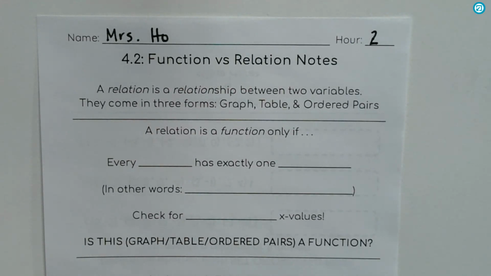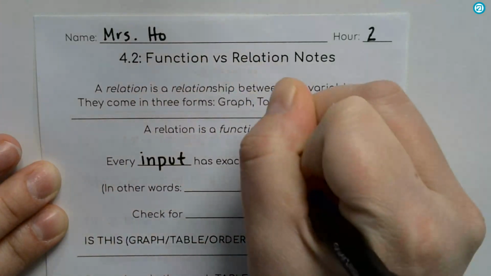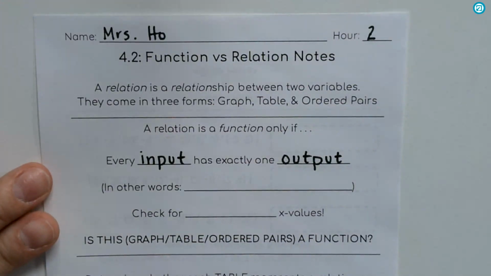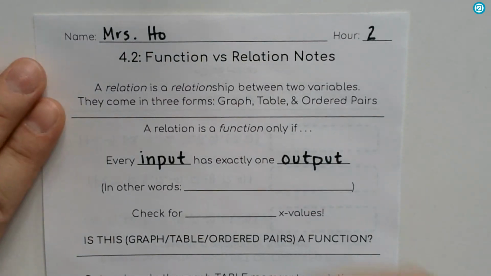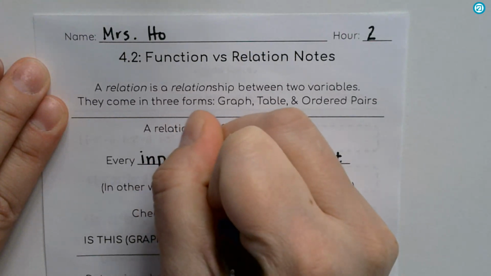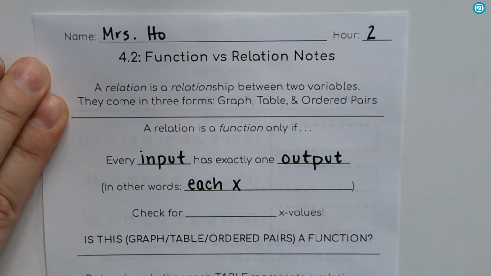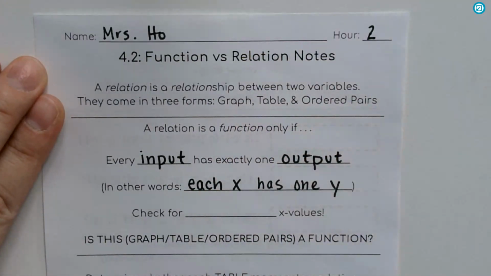A relation is a function only if every input has exactly one output. For our purposes, with the variables of x and y, that means that each x has only one y value it corresponds to.